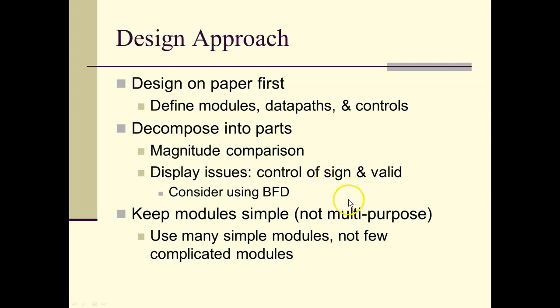So keep these modules as simple as possible. You don't really need any new modules for this. It's just maybe one logic module, or you can implement it as logic. But the idea here is, in any digital design, use a bunch of simple modules rather than one complicated module.